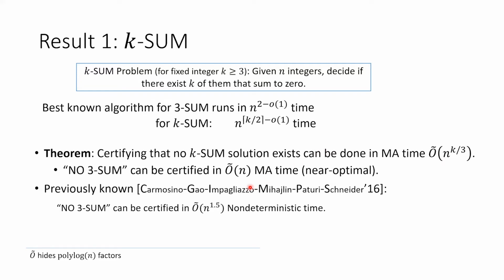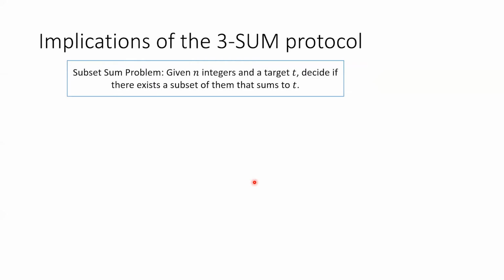We can compare this with the previous results by Carmosino et al., which showed that no 3SUM can be certified in n to the 1.5 non-deterministic time. So our results achieve a better running time by using the power of randomness in the protocol. Our 3SUM protocol also has several implications for many other problems.